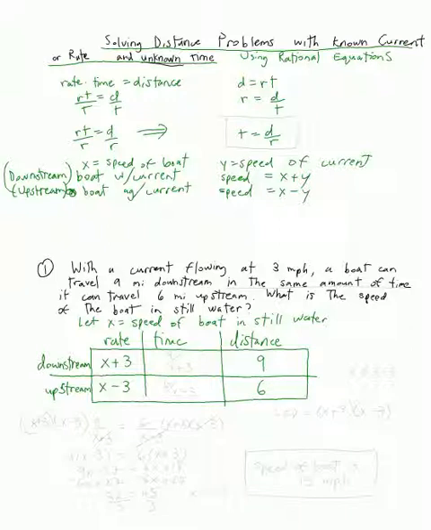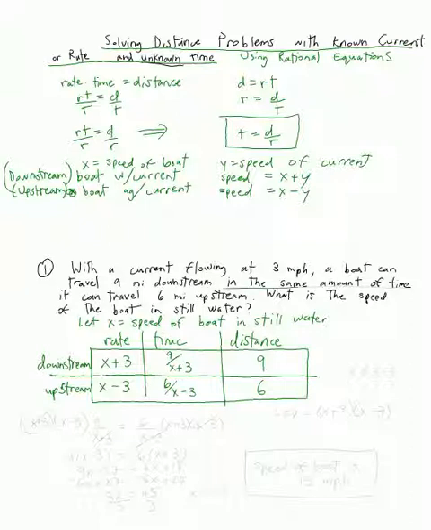Now, I'm missing the time. However, recall from earlier that time is equal to distance over rate. So if I just take the distance and divide it by the rate, I get 9 over x plus 3. On the second line, distance over rate would be 6 over x minus 3.